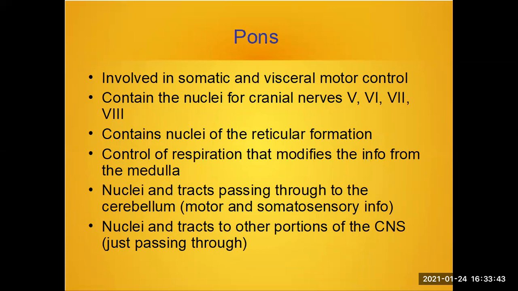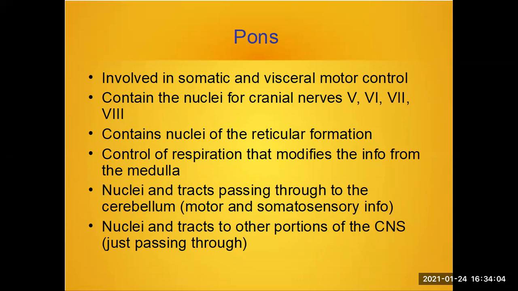The next very important part of the brainstem is the pons. Pons is involved in somatic and visceral motor control. It contains the nuclei for cranial nerves number 5, 6, 7, and 8.